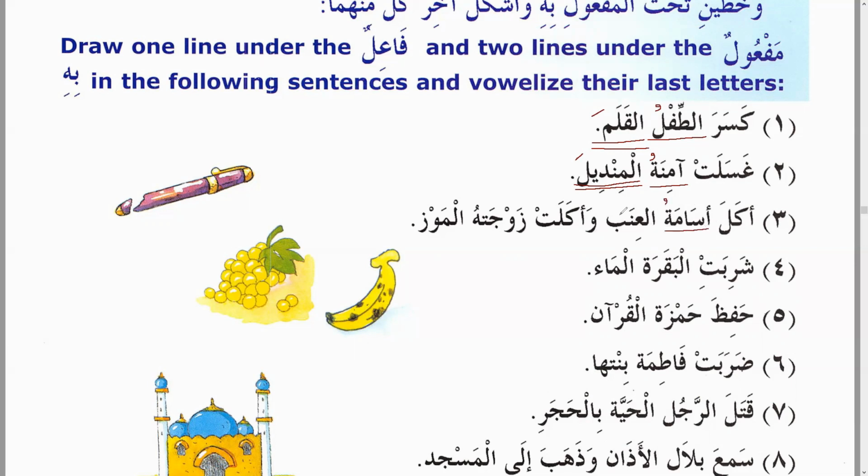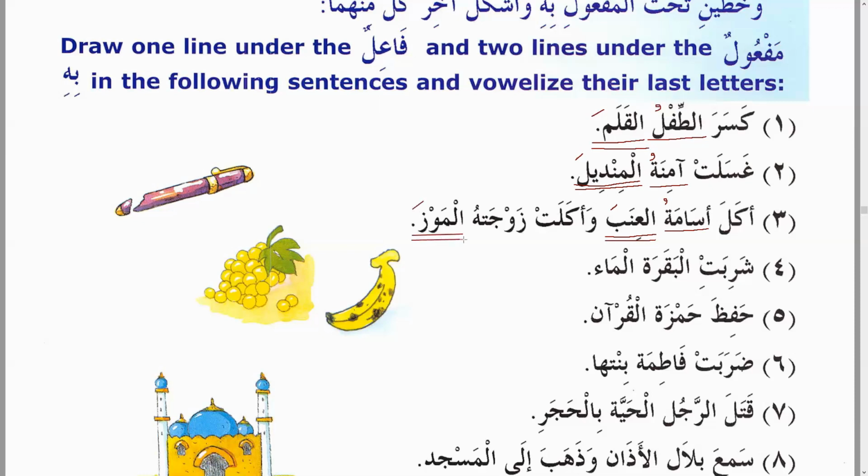And al-ainaba, grapes. Al-ainaba is the maf'ulun bihi. And wa akalat. And where's the fa'il for akalat again? Mauza is fine, yes, correct. Mauza, it has a fatha, right?